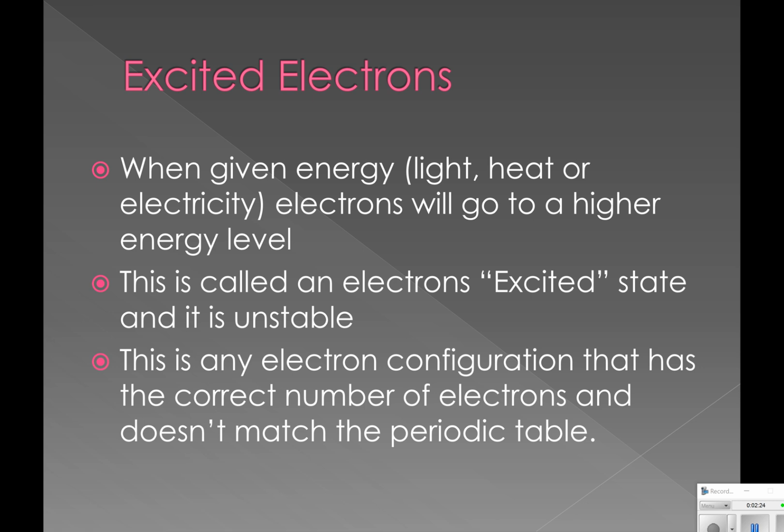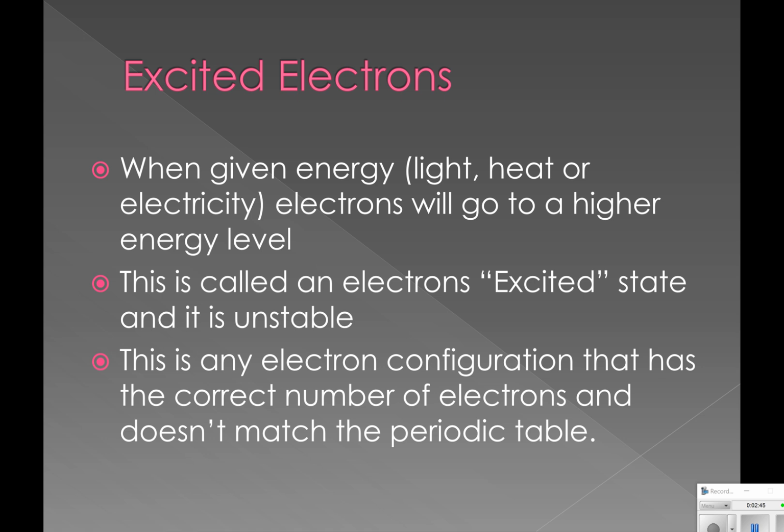Now, if we give an element or an atom or electrons energy in the form of light, heat, electricity, or what have you, electrons will absorb that energy and jump to a higher energy level. This is called an electron's excited state. They get excited by gaining extra energy.